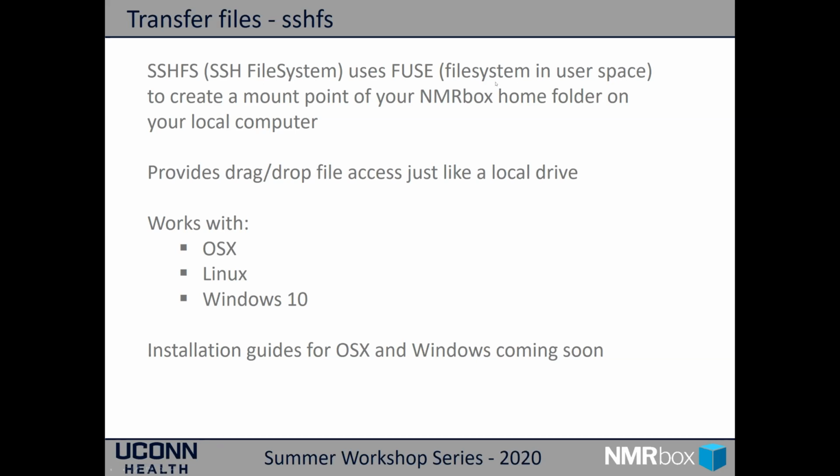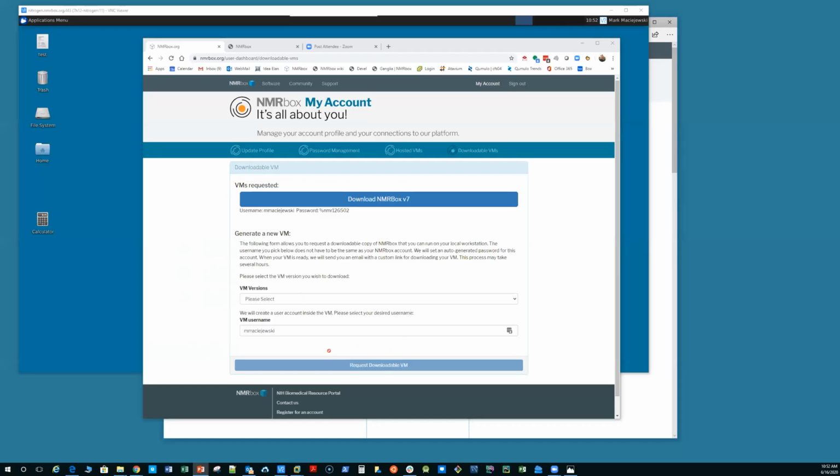It uses something called the FUSE file system, and it can create a mount point of your NMRbox home folder on your local computer. Once you do that, you get full drag and drop file access to a local hard drive. It works with OS X, Linux, and Windows 10, and we're just in the midst of putting together some documentation for how to install on OS X and Windows.